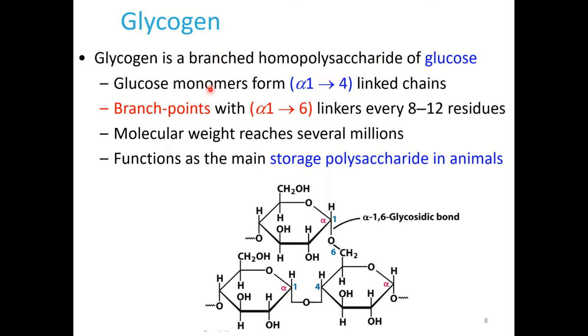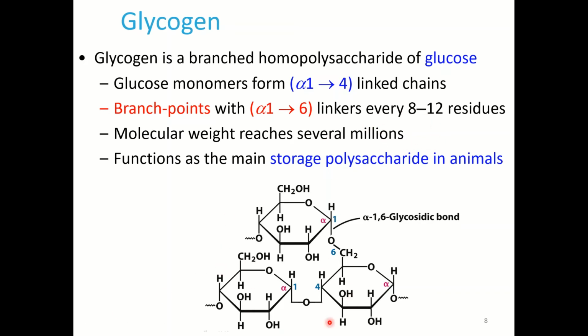These glucose monomers form alpha 1 to 4 linked chains, and then there are branch points that include the alpha 1 to 6 linkage. This occurs about every 8 to 12 residues. The molecular weight of a glycogen molecule can reach several million grams per mole.